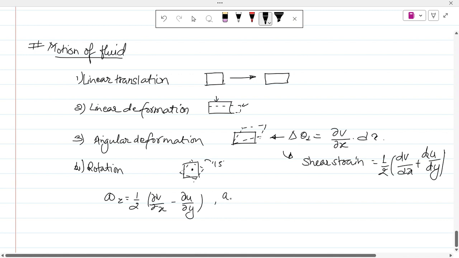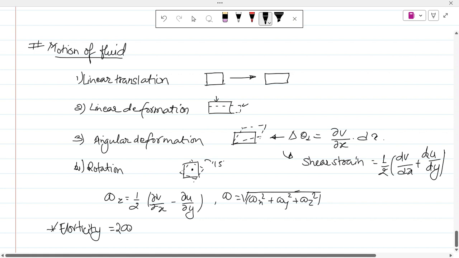If we have to calculate for all three dimensional rotation, we have to square all of them, add them, and take the square root of the sum to evaluate the resultant rotational velocity. There is something known as vorticity of fluid. So what is vorticity?